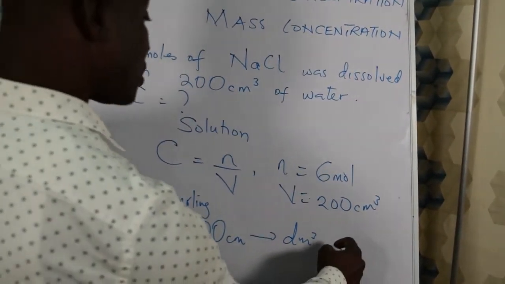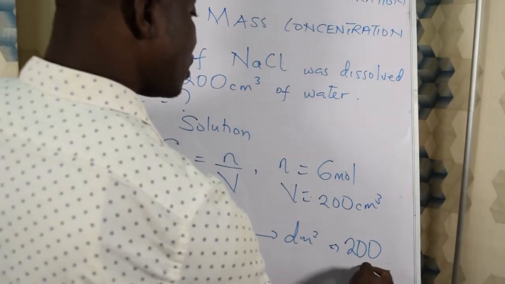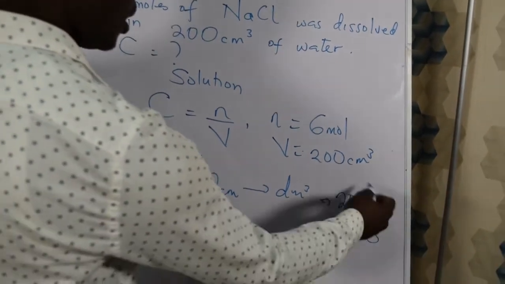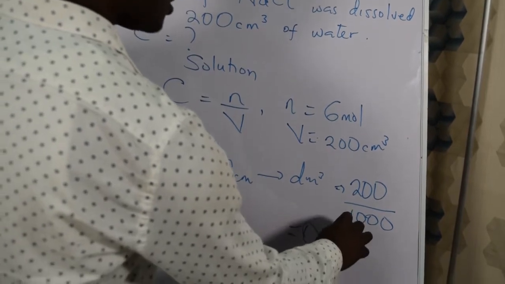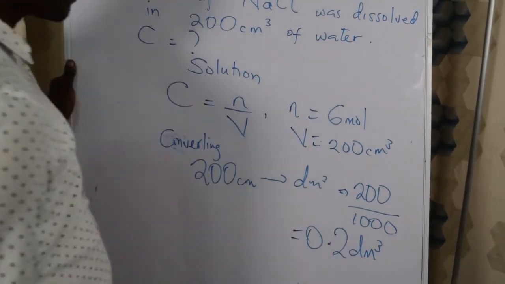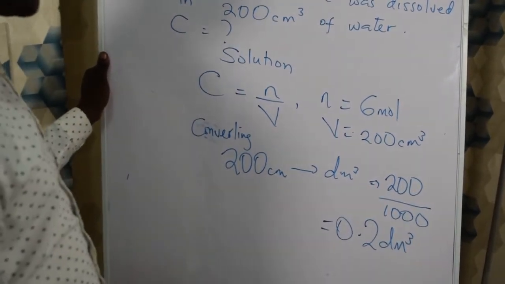So this implies 200 divided by 1000, which is 0.2 dm cube. Once you get this, then it means you're on the right path.